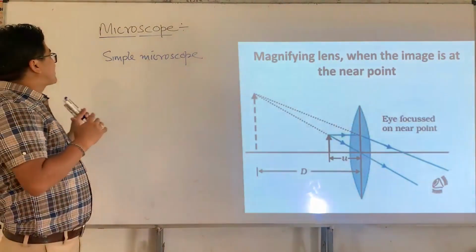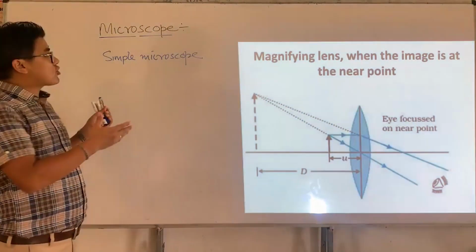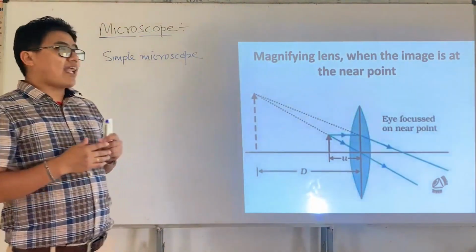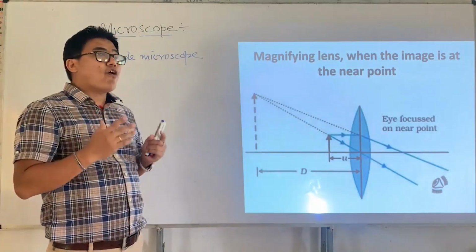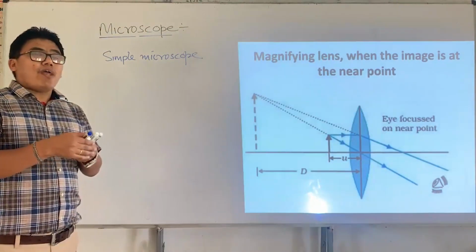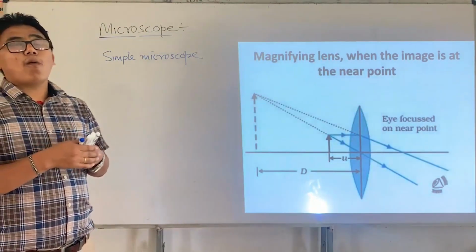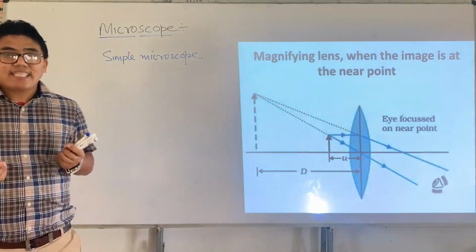Now I shall start with the simple microscope. As I told you before, a simple microscope is a magnifying glass which consists of a single short focal length convex lens. Whenever we talk about microscopes or telescopes, we talk about accommodation, maybe you have done this in class 10.